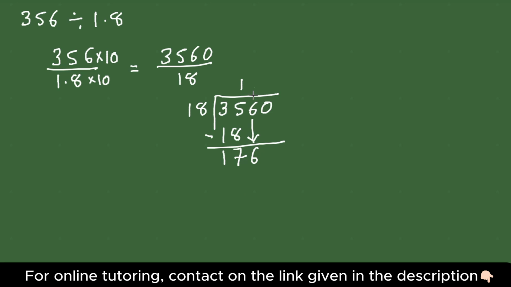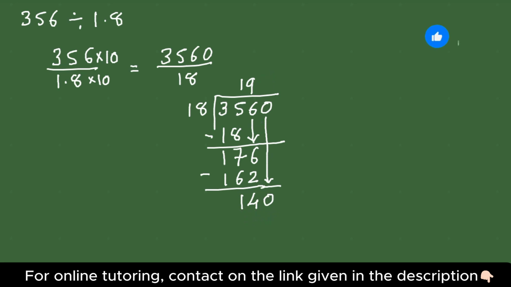Now 18 goes 9 times into 176 and 18 times 9 is 162. 176 minus 162 is 14. Bring down this 0. So we have 140.